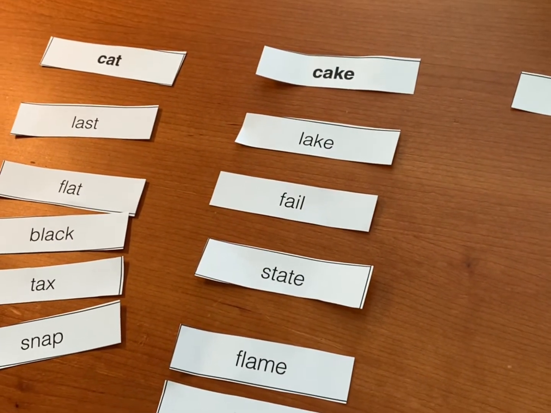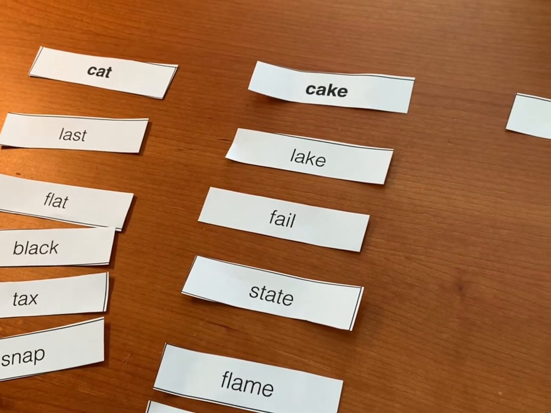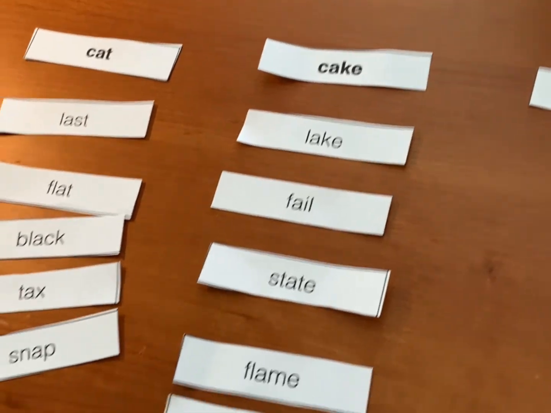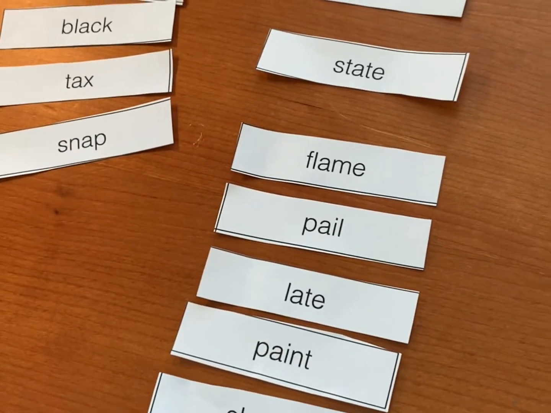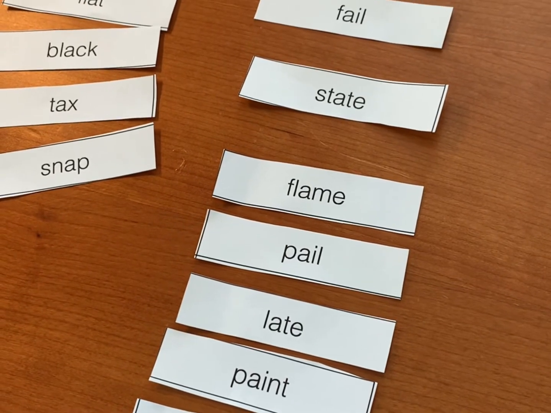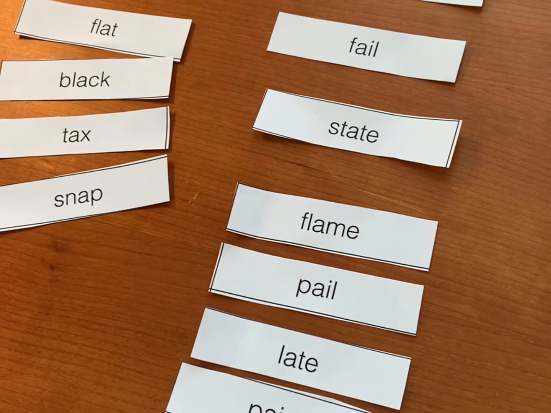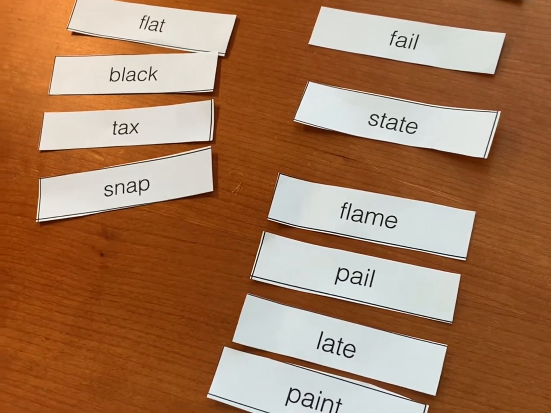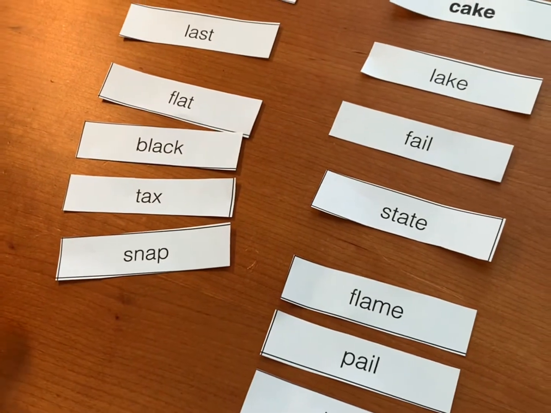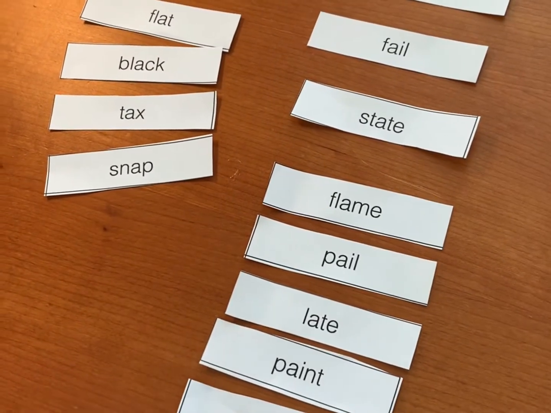Lake, fail, state, flame, pale, late, paint, shade, weight, nail. Okay, what do you notice about all these words? These have the short A. These have a long A.